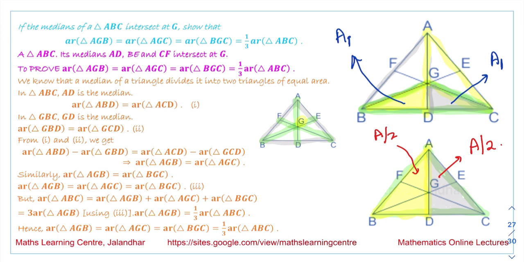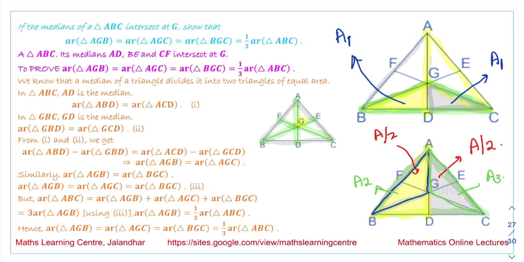Now look at these two triangles over here. I am marking it again, we are talking about the BGA area. Suppose the value of the BGA area is A2 and the area of AGC is A3.